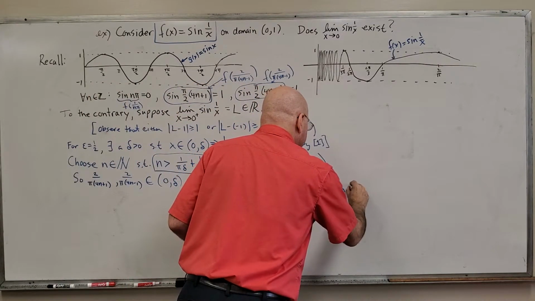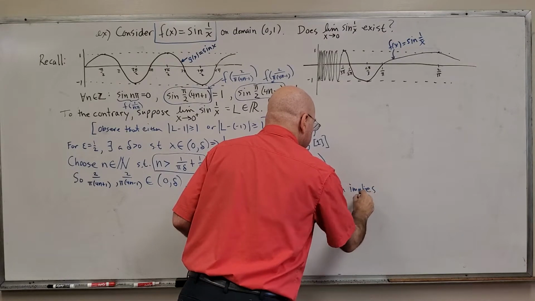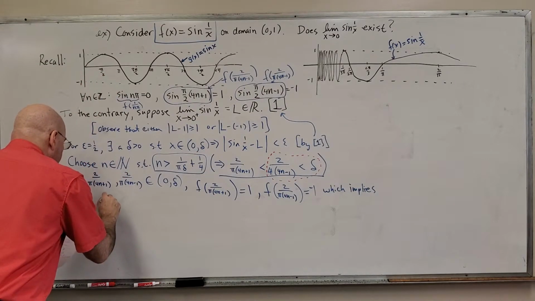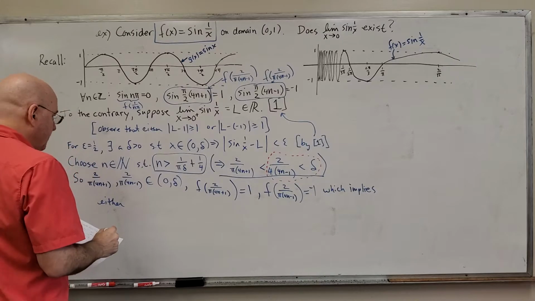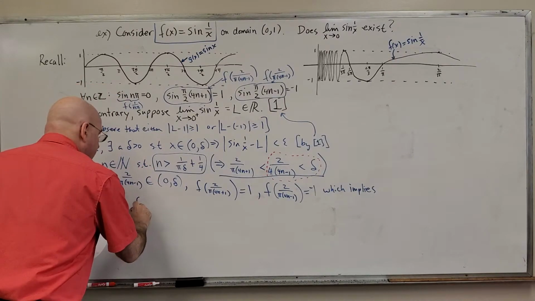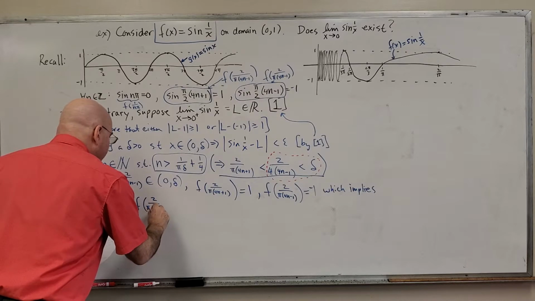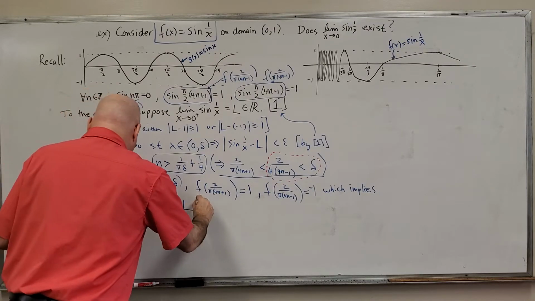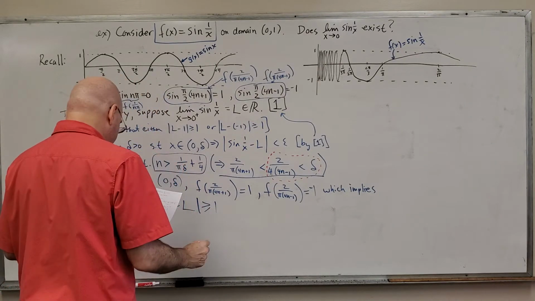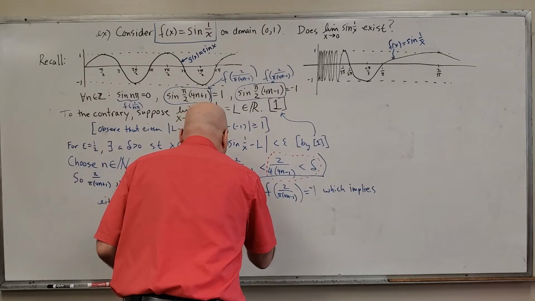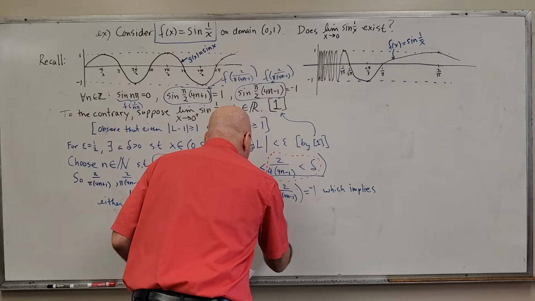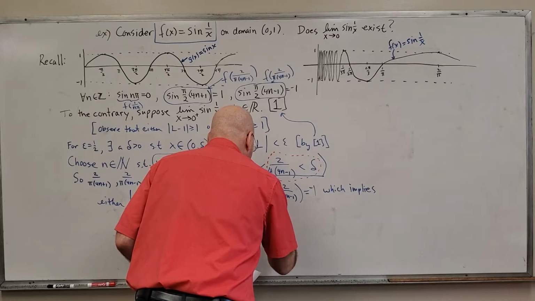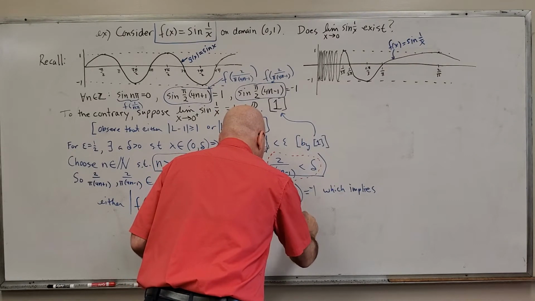And all of that line implies either this thing, f of 2 over pi 4n plus 1 minus L in absolute values is greater than or equal to 1, or the other one is, or f of 2 over 4n pi times 4n minus 1 is greater than or equal to 1.